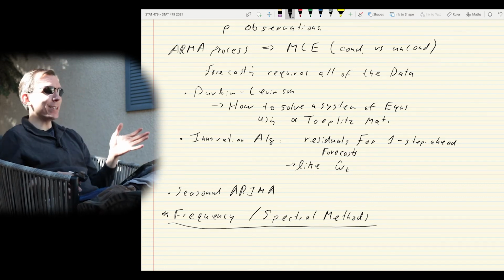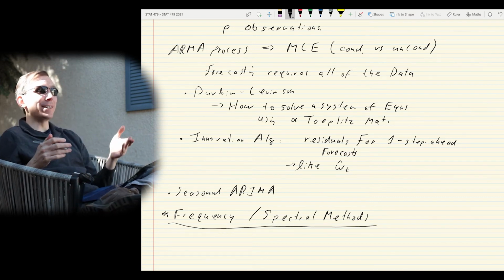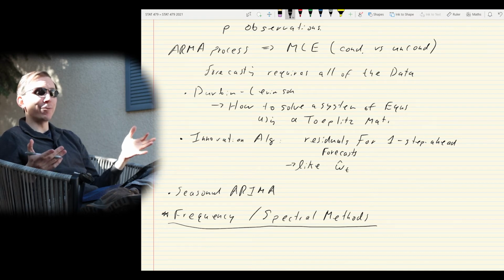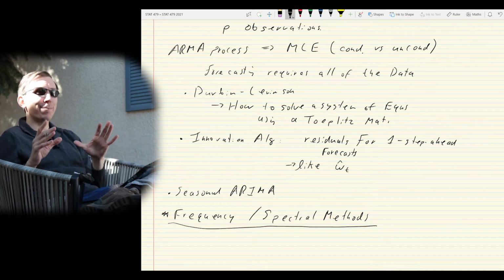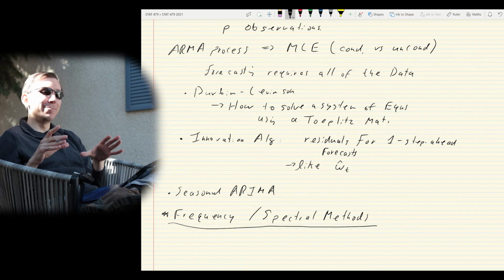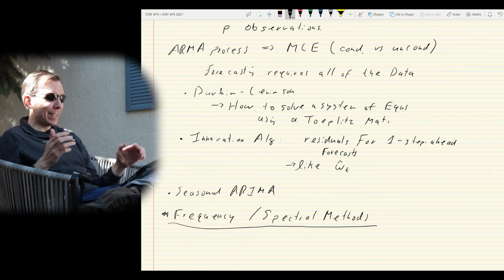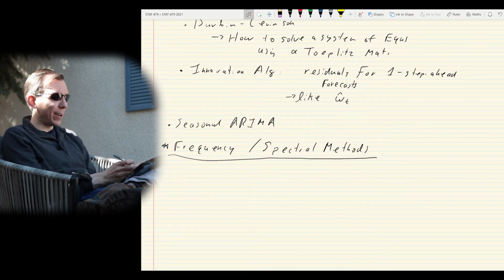So in the frequency domain now, the idea being that we can do a lot of the same things we were trying to do before, but from the perspective of frequencies rather than from time. And the main thing that we looked at throughout this is the periodogram.